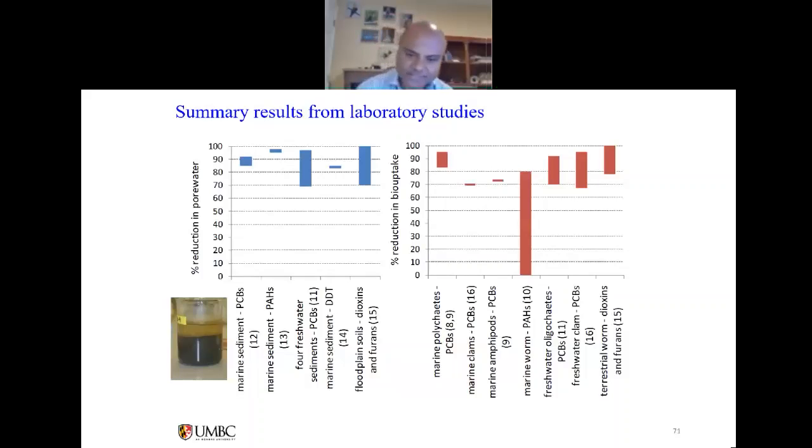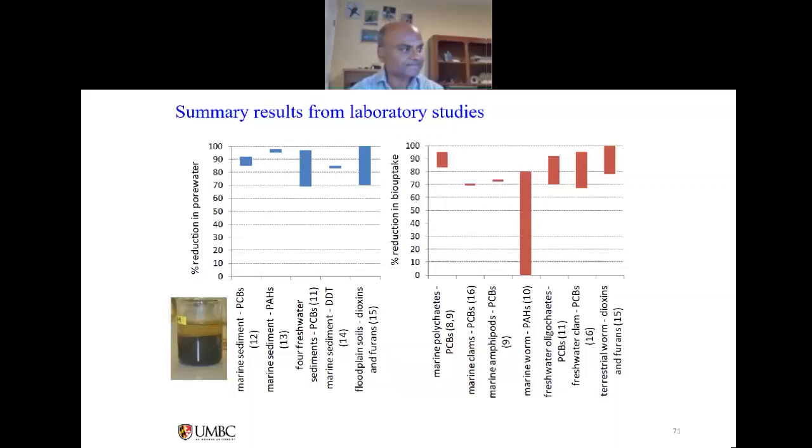You can see here reductions in biouptake in the range of 70, going up closer to 95% reduction for many organisms. And that was really great. These are results from the lab studies. But can we take this out into the field? How is it going to work in the field? I can do it in a beaker, but do I have a way to engineer that in the field?